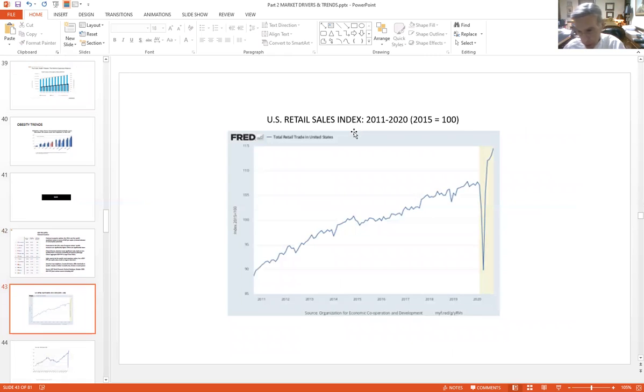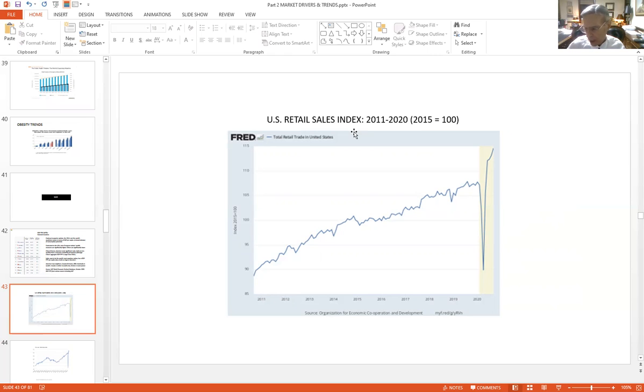All right, so here's the trend of retail sales in the United States, right up to the most recent, and by that I mean December of 2020. You can see the decline that occurred due to the pandemic, and it was really severe.